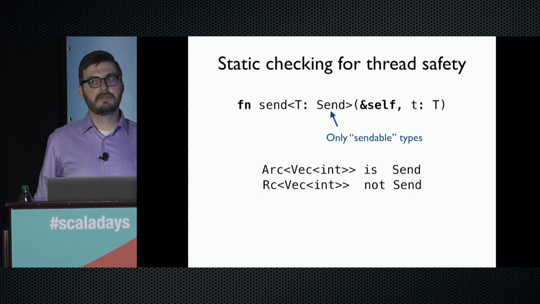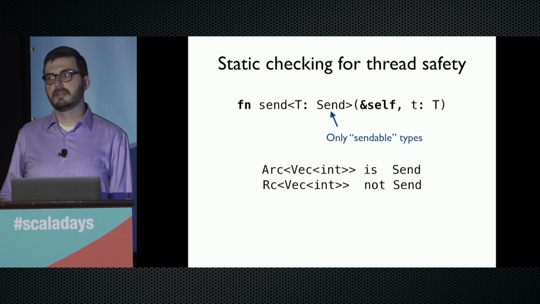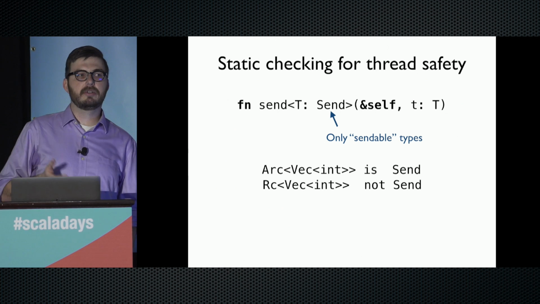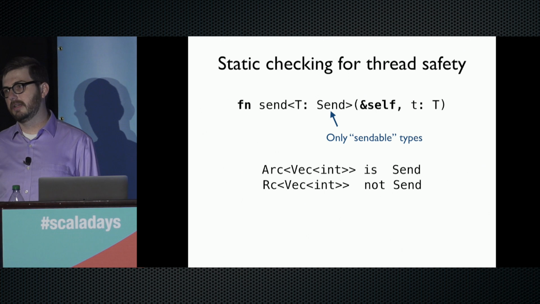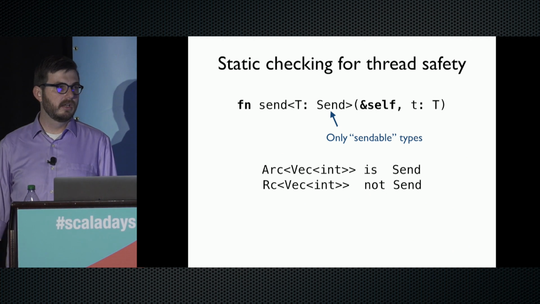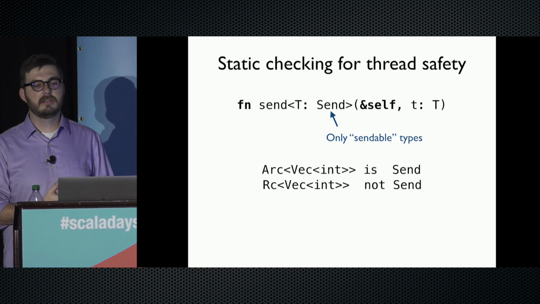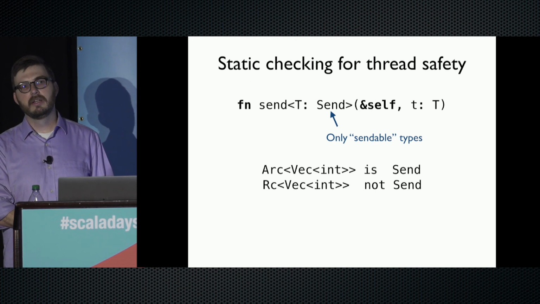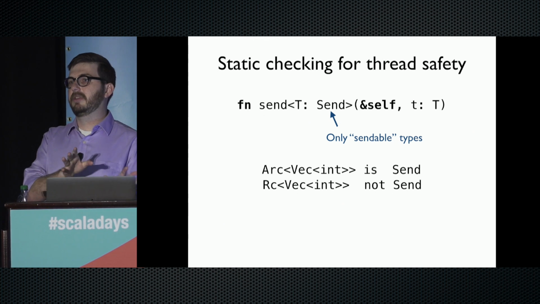So you would like to use the not thread safe one as much as you can, but if this were C++, you'd be really worried that you'd accidentally leak it to another thread and get a data race and then crashes, exploits, and so on. With Rust, not so, right? As soon as you try actually sending this to another thread, you'll get a compile error. And this is not like a hypothetical example.